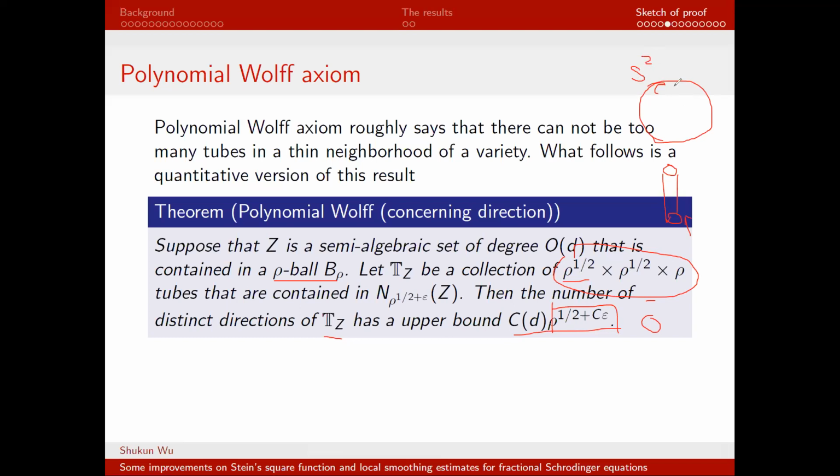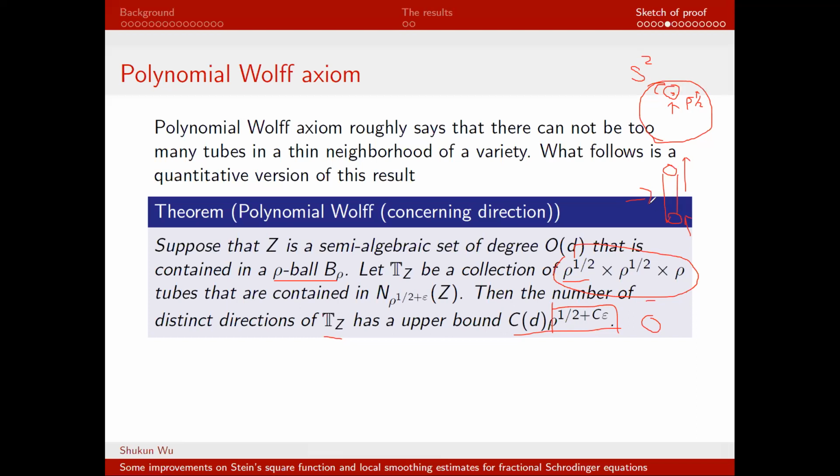So for this tube, it corresponds to some cap on the unit sphere with radius rho to the negative half, whose center is basically the direction of this tube. So let's call this the directional cap of our tube.